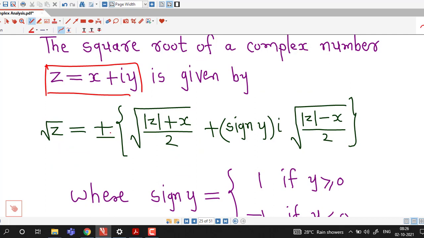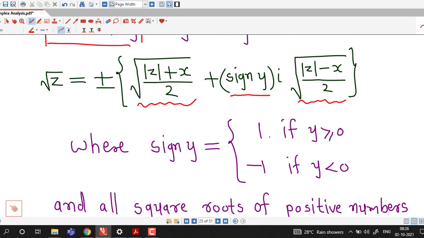Square root of z equals plus or minus, in the bracket, square root of (absolute value of z plus x) divided by 2, plus, and here we consider in the square root (mod z minus x) by 2, and here we have sgn y into i, where sgn y is defined this way: sgn y is 1 if y is non-negative, and sgn y is minus 1 if y is negative.